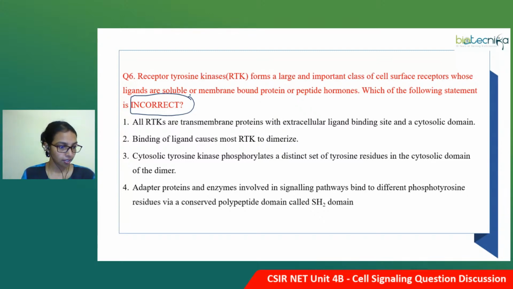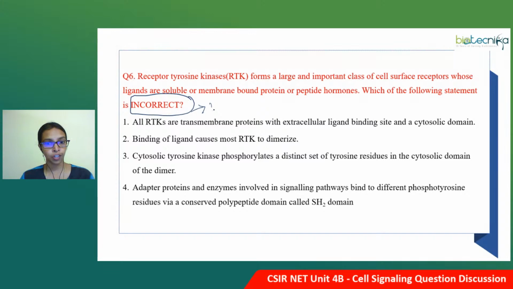Only one answer I got: monomeric. Okay. But here they are asking for the incorrect statement only, right? Anyone else trying to give the answer?